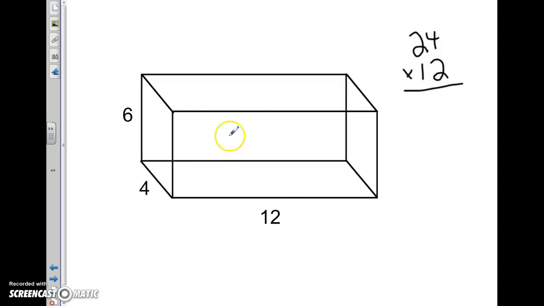So that means that the volume here is going to be 288 cubic units. Okay, so it's going to either look like that, or I could also write out units like this, and cubed.